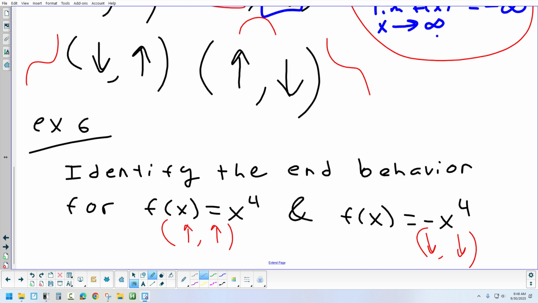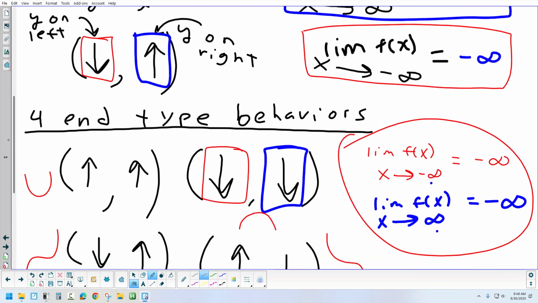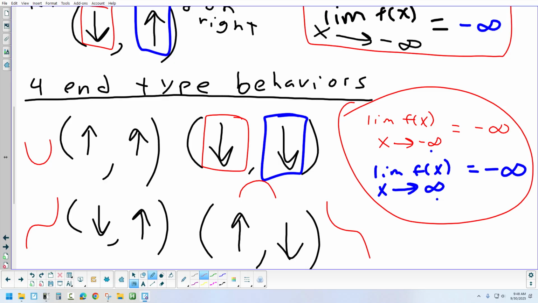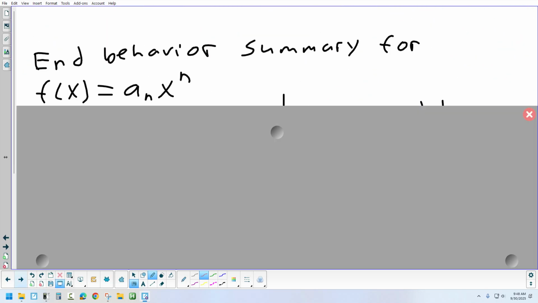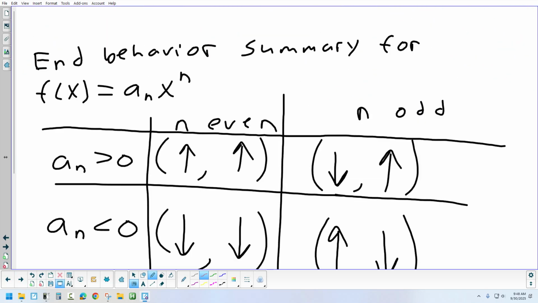Yeah, if there's a negative in the beginning and the exponent, those 2 things are all you need to know to figure out which one of those 4 it is. So you're looking at whether your exponent is an even or an odd, and then you're looking at the coefficient in front of the leading term. None of the other terms matter.